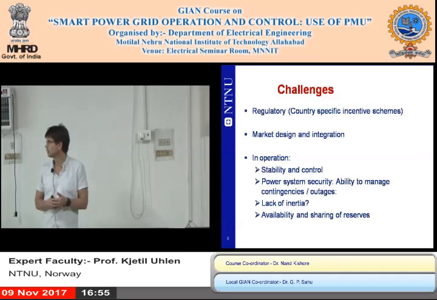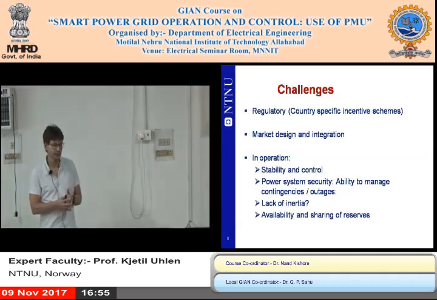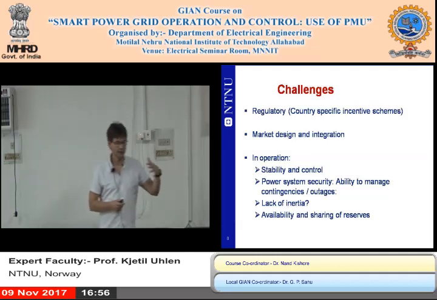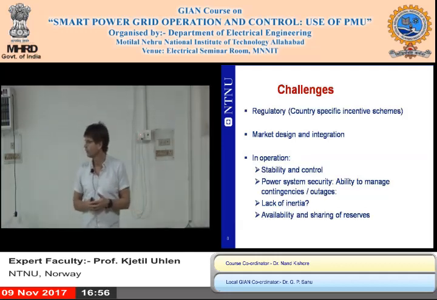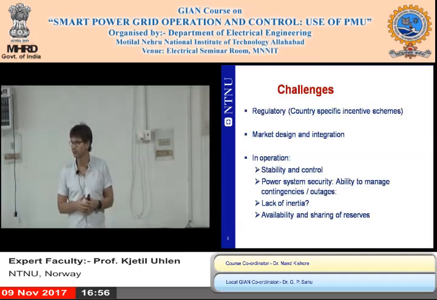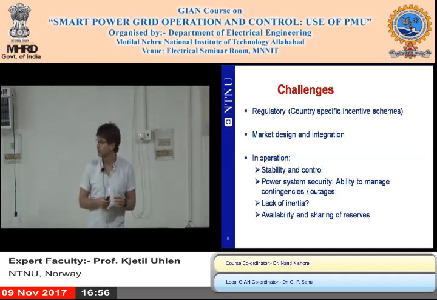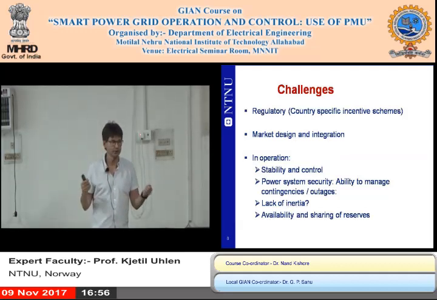The same thing, that is because frequency is sort of a global measure of the balance. You don't have much frequency in a DC grid, but you have a DC voltage. Now the DC voltage may not be exactly the same at all the converter terminals, but still it varies very much in the same way.